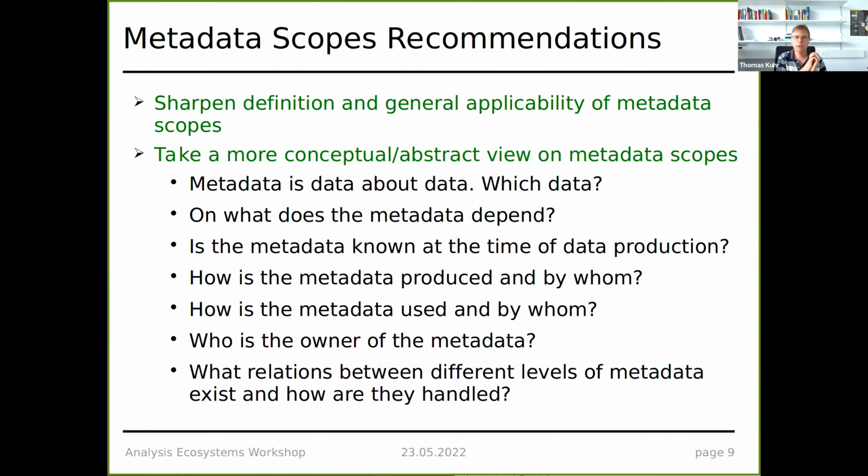For example, is the metadata known at the time of data production, or is some further data needed to produce this metadata? This can be important for the decision whether the metadata should be stored together with the data or not. How is metadata produced and by whom, and how is it used and by whom? This might also help to define scopes of the metadata.